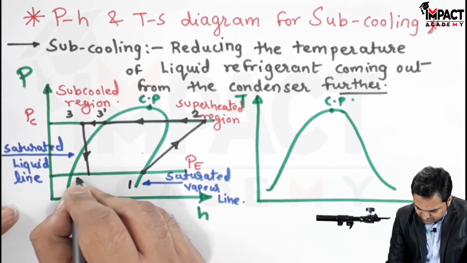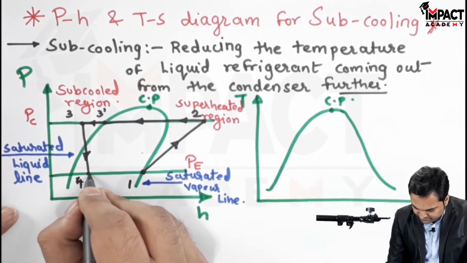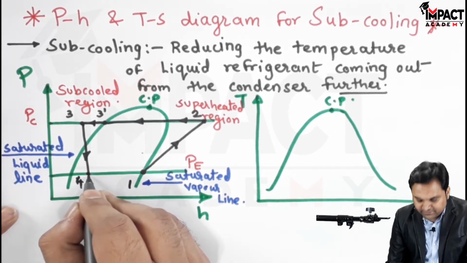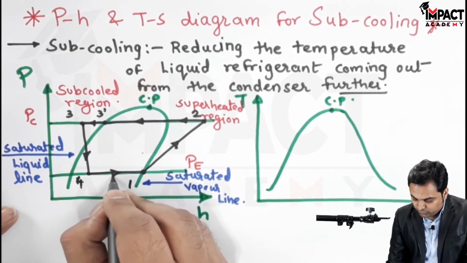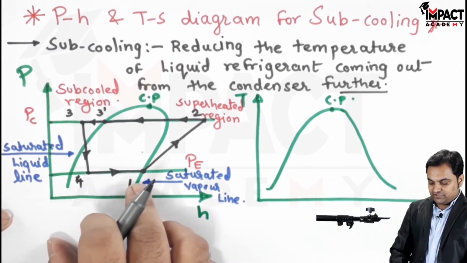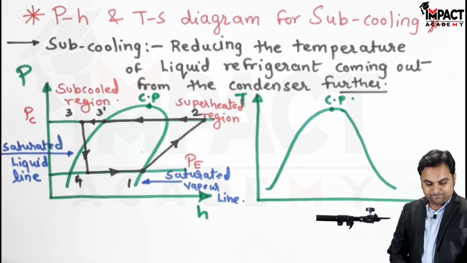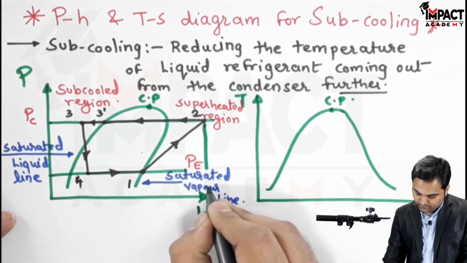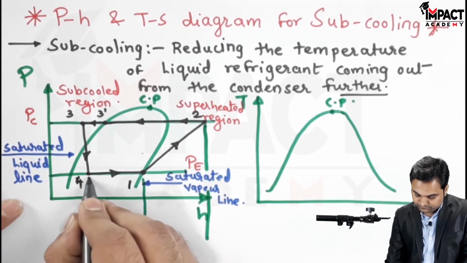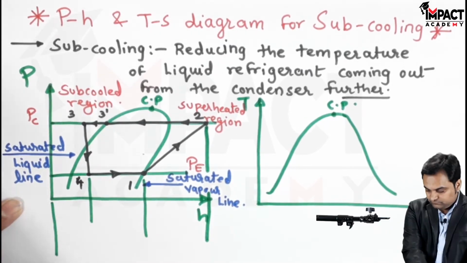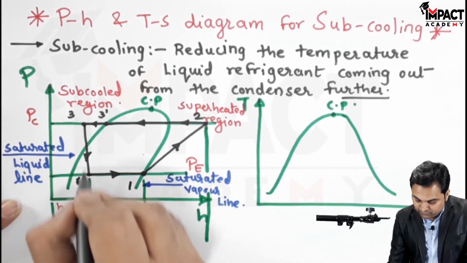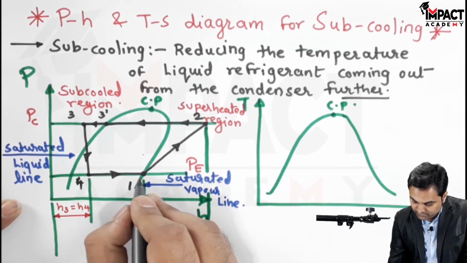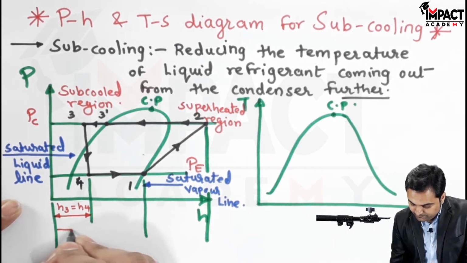So this is point 4, and then at point 4 it enters the evaporator, where it continuously absorbs heat from point 4 to 1. So that is the refrigeration effect or the heat absorption. H3 is equal to H4 at this location. Then here we have the enthalpy H1.